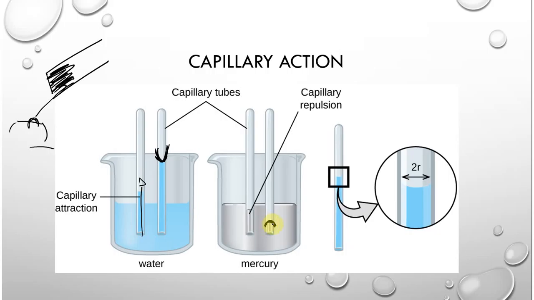Here, the cohesive forces are stronger than the adhesive forces, so you have a convex rather than a concave meniscus, and it will not go as high because it would rather adhere to itself cohesively than adhere to the surface of that glass.